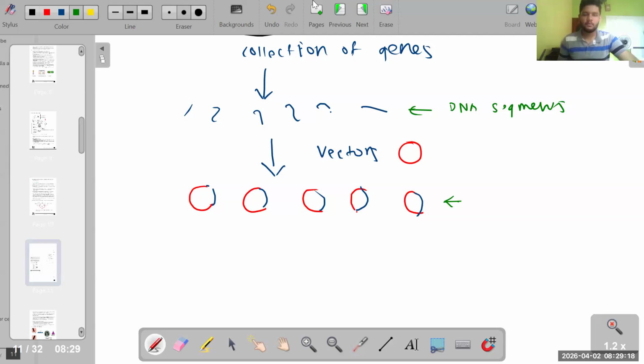Now here, see, red means vector, blue means DNA segments or DNA of interest. Vectors plus DNA of interest. What is it called? There's a single word for it. Can you remember? Exactly. Recombinant vector. Very good. Right. Recombinant.